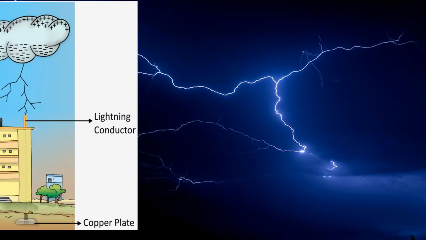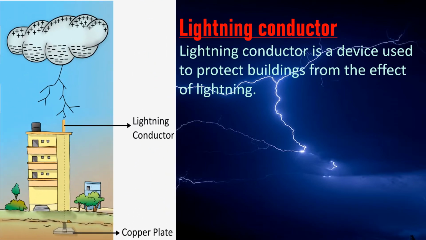Children, we have seen that lightning occurs due to the accumulation of static electric charges inside the clouds. Clouds can charge tall buildings and trees by induction. The buildings and trees thus acquire the opposite charge. If the buildup of charge is very high, heavy flow of electric charge can occur between the clouds and the tree or the building.